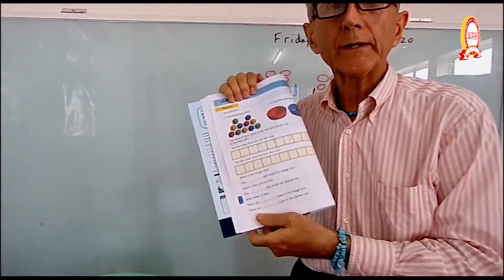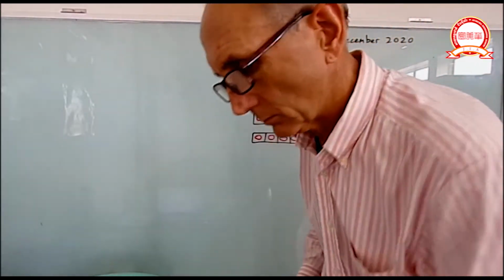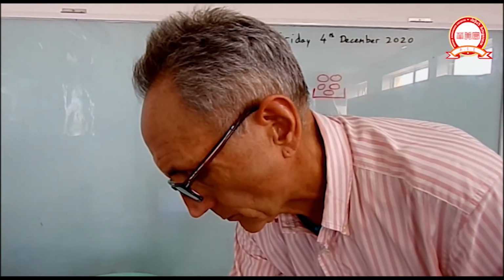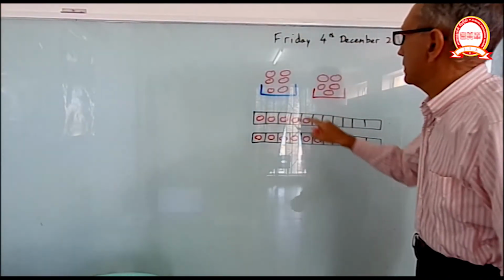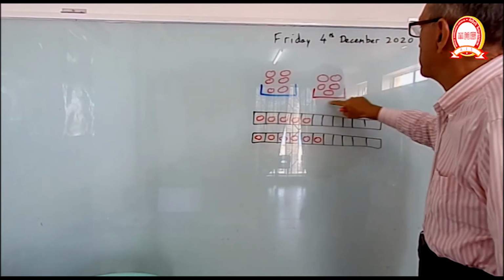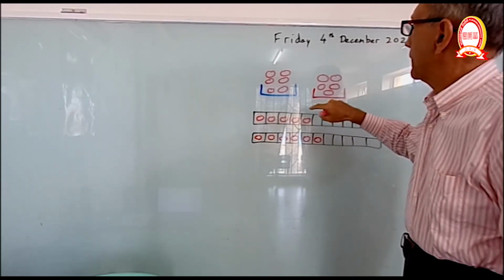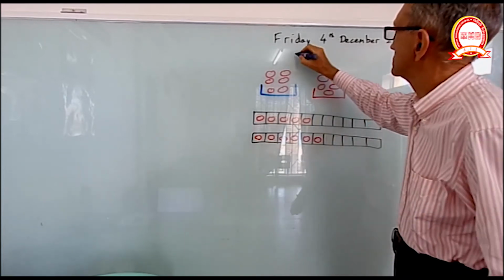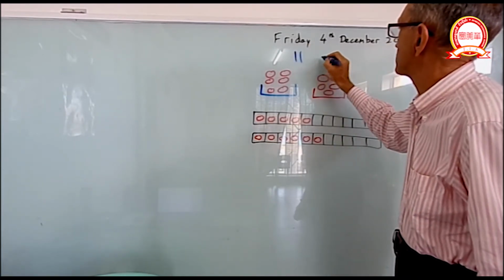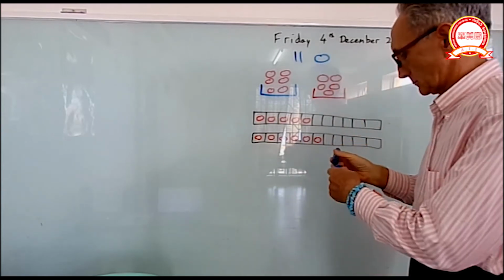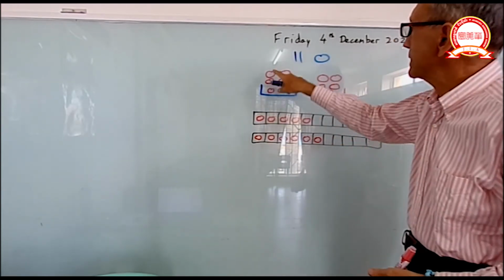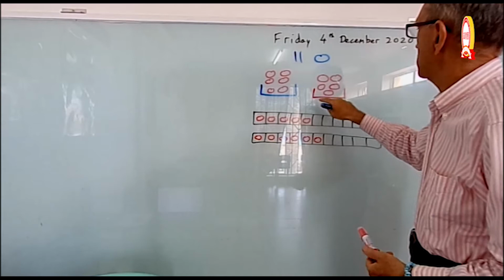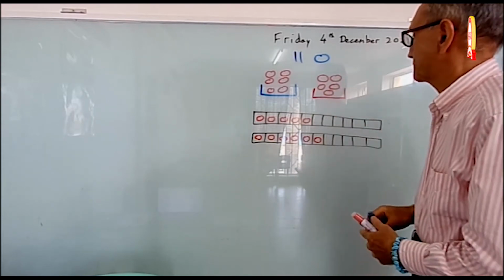Here we are looking at page 14. We've got it up on the whiteboard. We have our blue dish and our red dish. And I started with 11 beans. So I put 6 of them into the blue bowl and 5 into the red bowl.